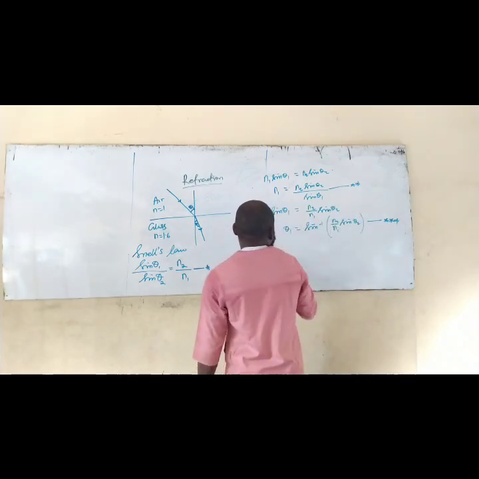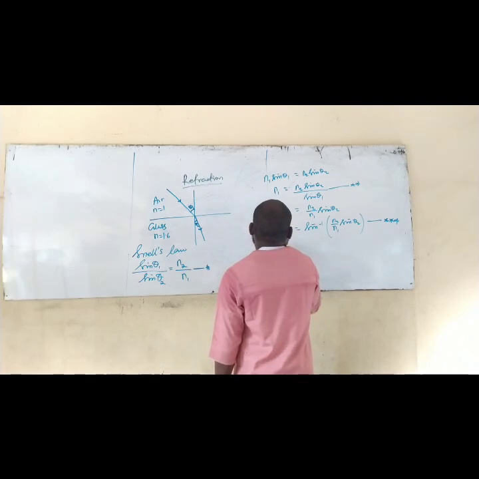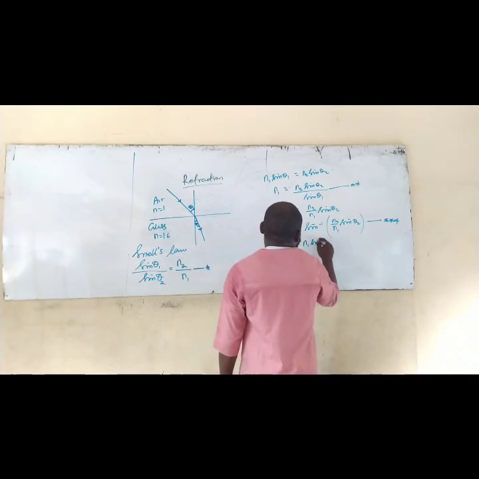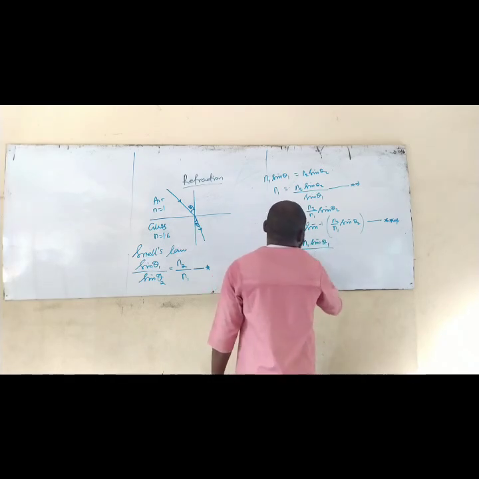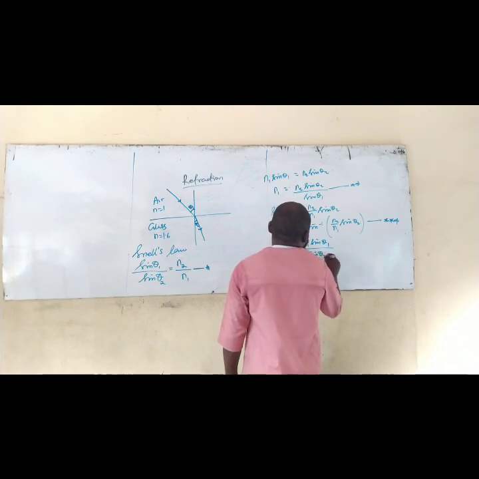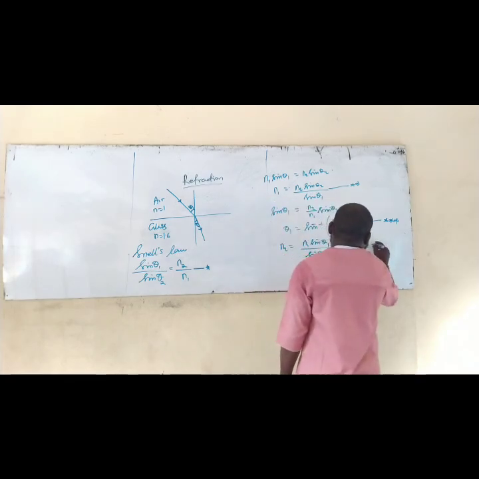And if I'm looking for theta 2, or I'm looking for N2, N2 will become what? N1 sine theta 1 divided by sine theta 2. And I can call this star star star star.